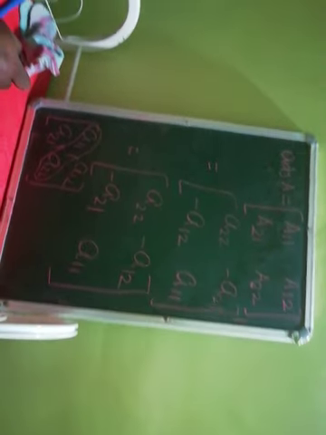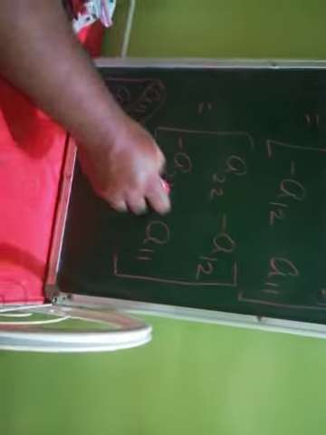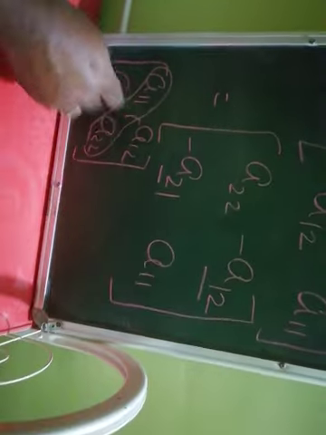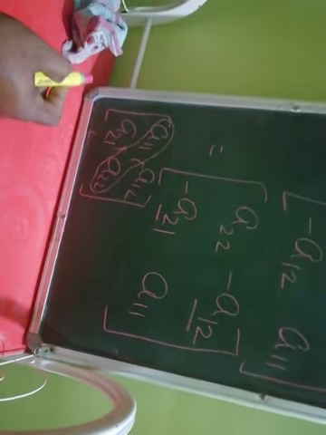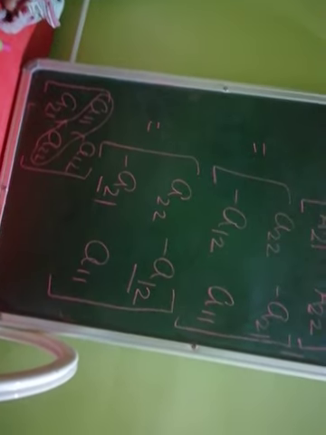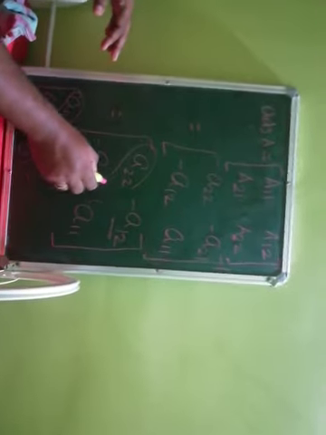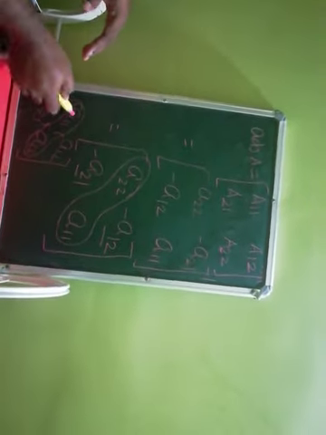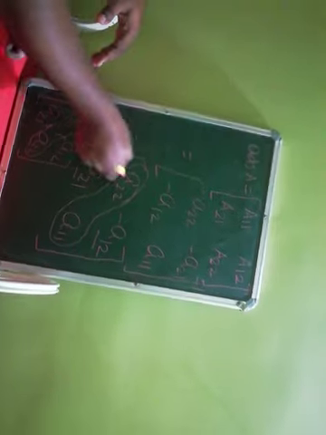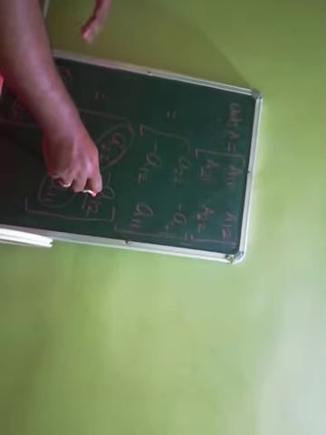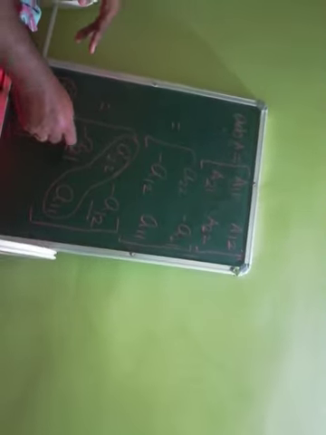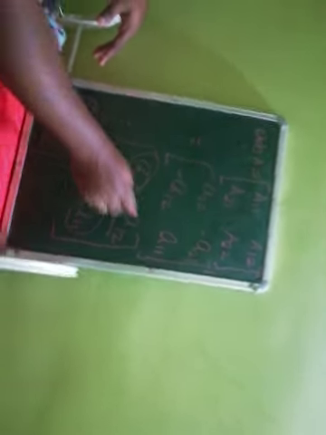You can also see one more thing. A21 and A12 are there as they are, but only the sign is changed. So what is the rule? Interchange the elements of the principal diagonal, that A11 goes here and A22 goes here, and change the sign of the off-diagonal elements. Earlier they were positive A12, positive A21; now you can see they are negative.